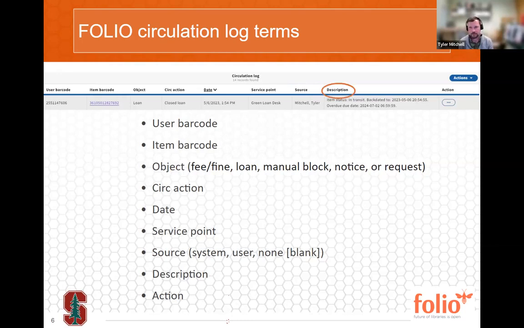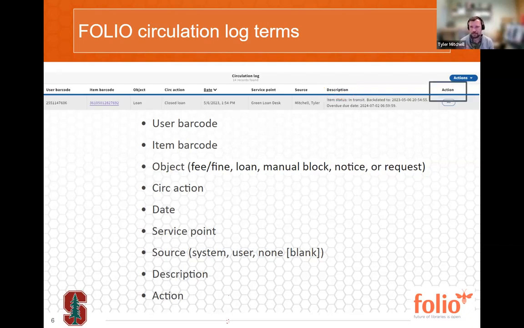And then this is also a very important column, the description column. Lots of information here on what happened depending on the action and the object. It's variable depending on what action was performed. We'll look at some more details of those later.